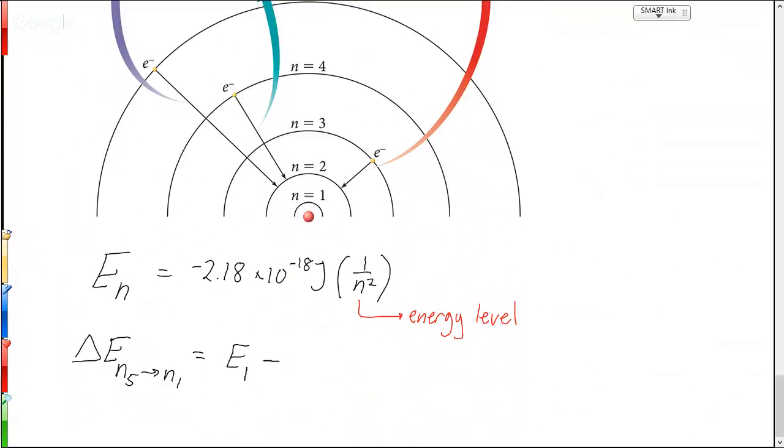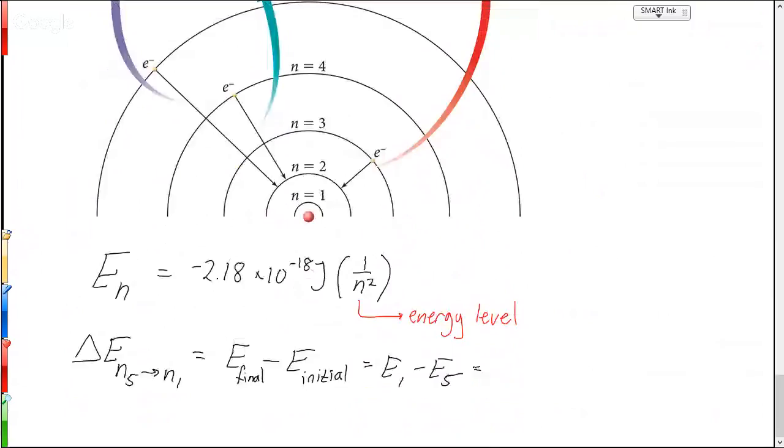So in this case, that's E1 minus E5, because it's going from 5 to 1. So final minus initial. Which order you subtract them in doesn't really matter. It's just going to change your sign, so one's going to be negative versus positive.